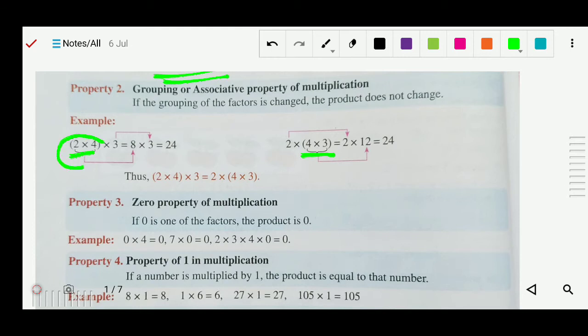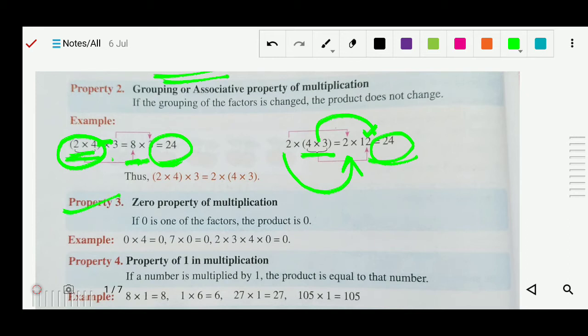First we do this operation: 2 into 4 is 8, and then the 3, so 8 3s are 24. Here you see, in the other, we multiplied 4 into 3, 12, and then 2 into 12. So what is the answer? 24, and here is also 24. What we did here is we only made the group and multiplied. This is the property of grouping, or we can say the associative property of multiplication.